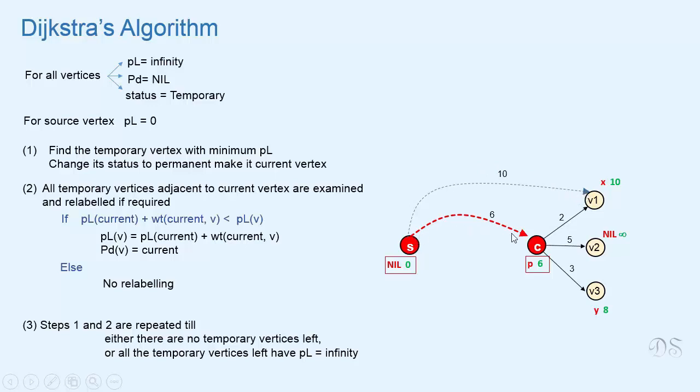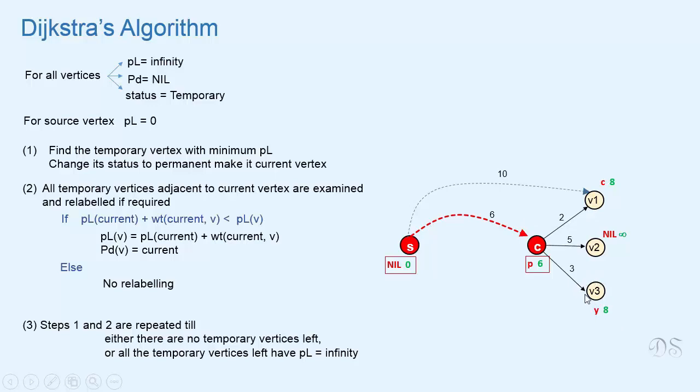Now we have a path of length 8, which is made up of 2 parts. A path from S to C and an edge from C to V1. So we relabel this vertex V1. Now value of path length is 8 and C is the predecessor of vertex V1 in the shortest path.